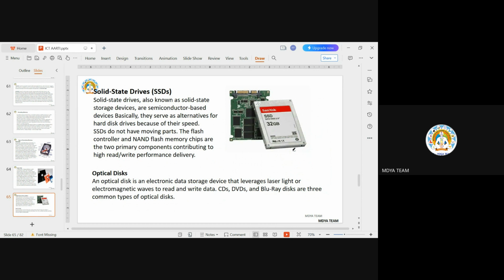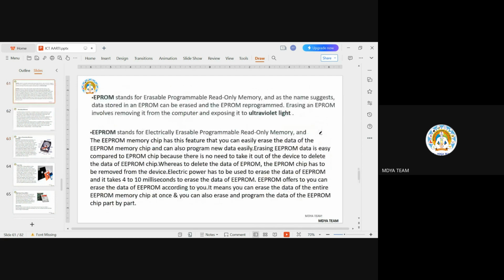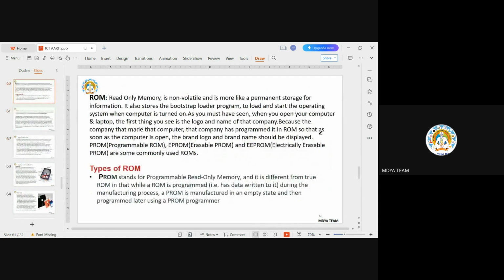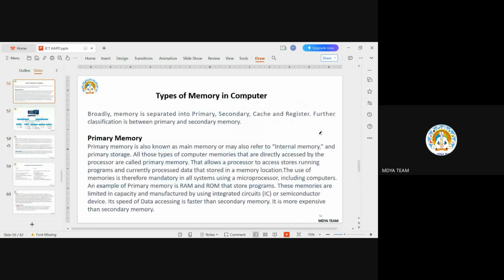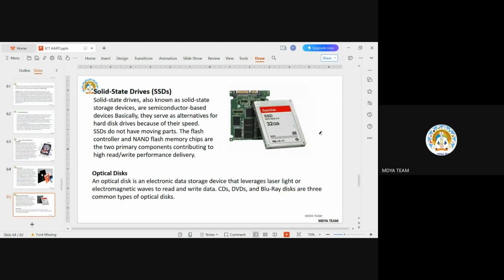One more difference between solid state drives and hard disk drives, as we can see with the help of the diagram: a hard disk drive is heavy in weight, but an SSD is less in weight. When you hold an Apple laptop, it is very light in weight. Now other laptops are also coming with SSD, but you can see the difference between a normal laptop and an Apple laptop.